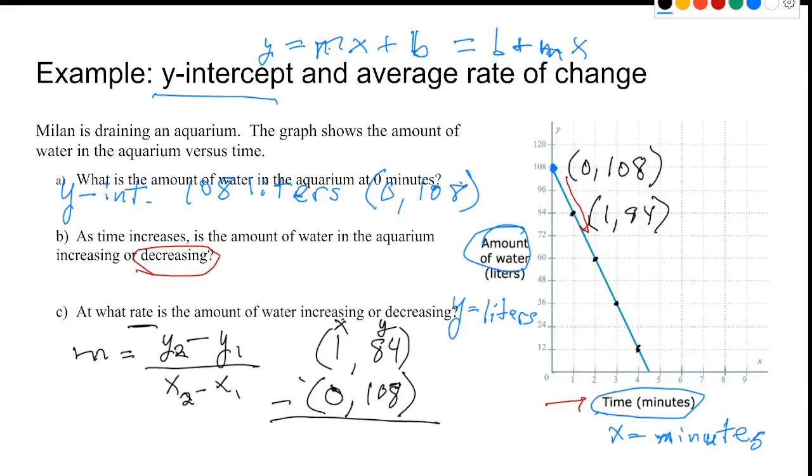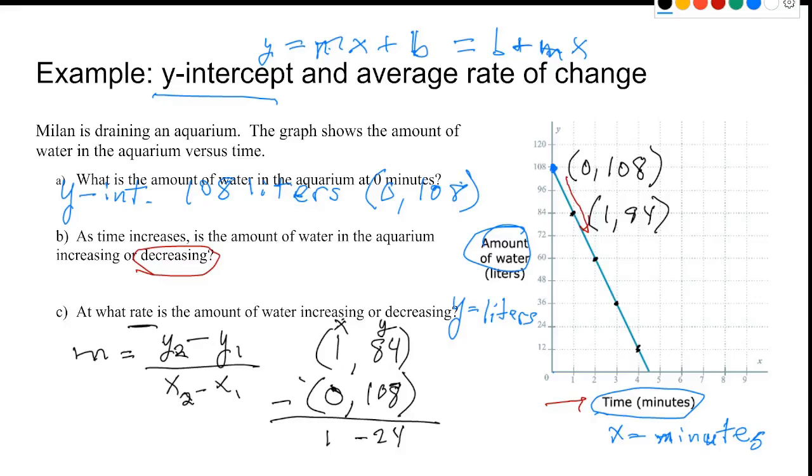I subtract the points, one from the other, point by point. So 1 minus 0 is still 1. 84 minus 108 is going to be negative because I'm subtracting a larger number from a smaller number. And let's see, if I flip it in my mind, 84 from 108 is going to be 16, gets me to 100, and then another 8, so that's going to be 24, negative 24.